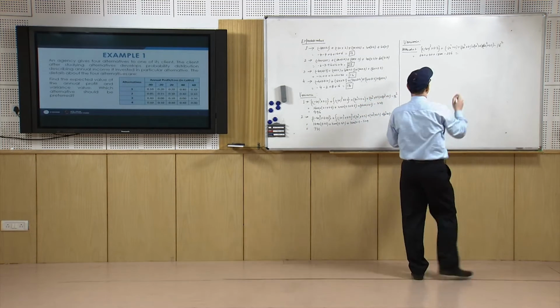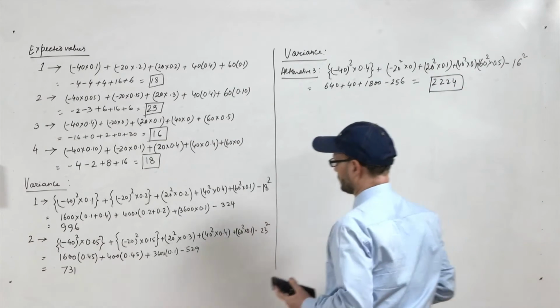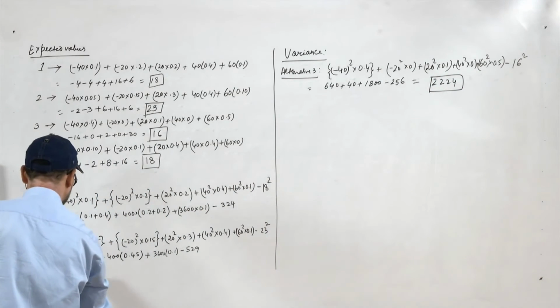So, it is coming out to be 2224. This is the variance of the third one.